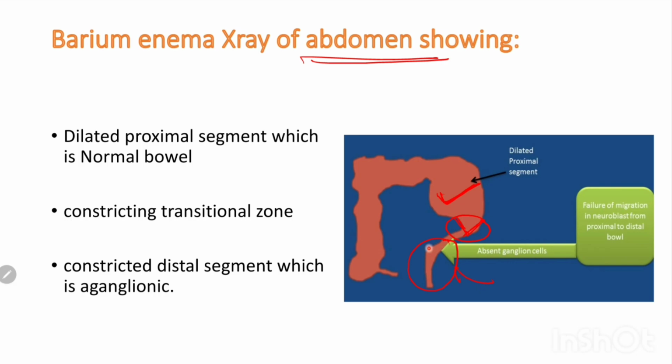This is the aganglionic part. Here is absence of Auerbach's plexus and Meissner's plexus due to failure of migration of neuroblasts from proximal to distal bowel. So this part is constricted due to unopposed innervation of the extrinsic nervous system.